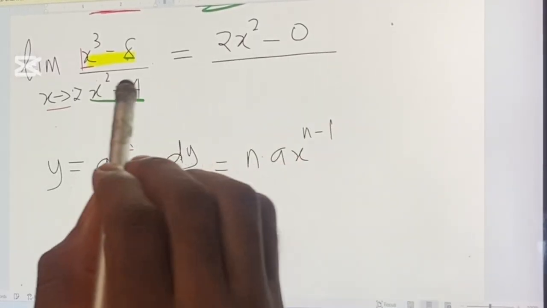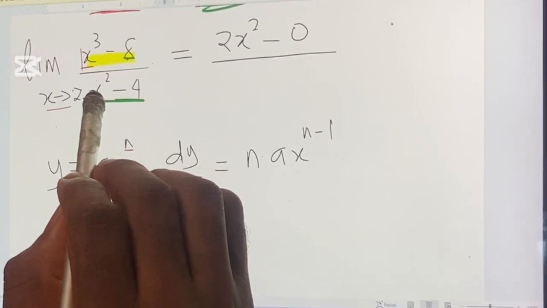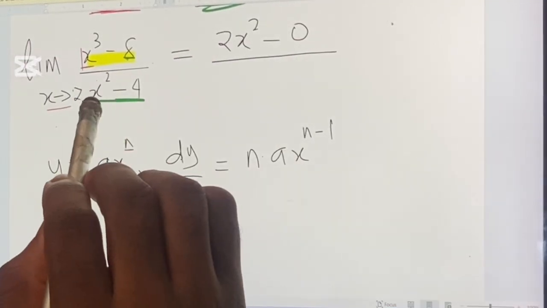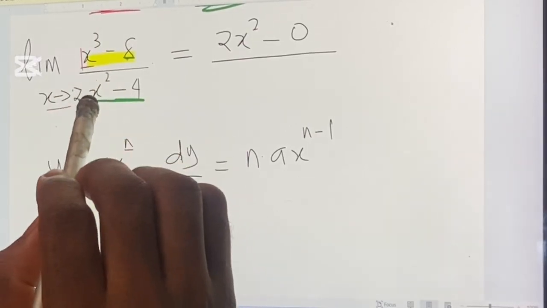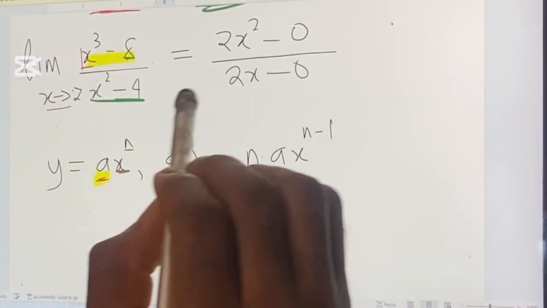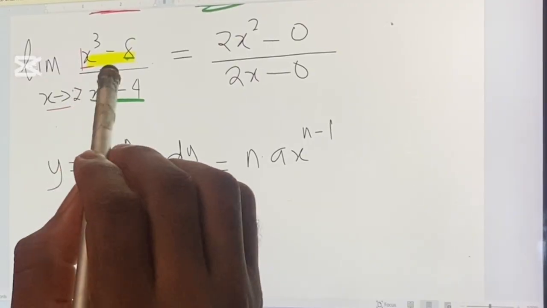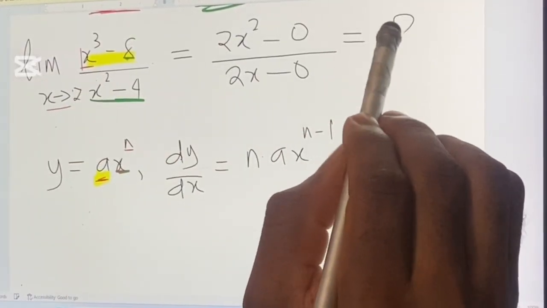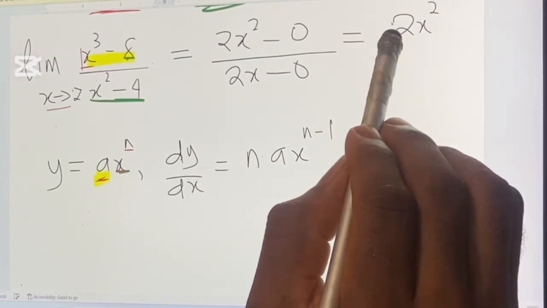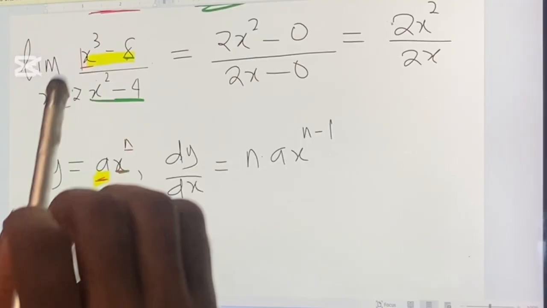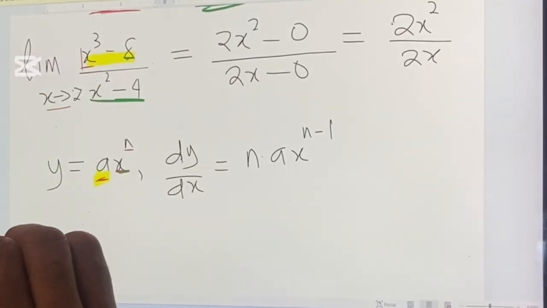Now let's differentiate the denominator here. When you differentiate this, we have 2s minus 0. That is, take the power down to the base, subtract 1 from it. So our result here will be 3s squared over 2s. So class, the next step is to replace the value of s as 2.